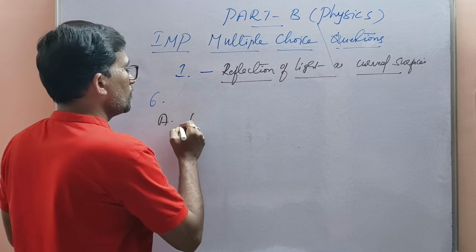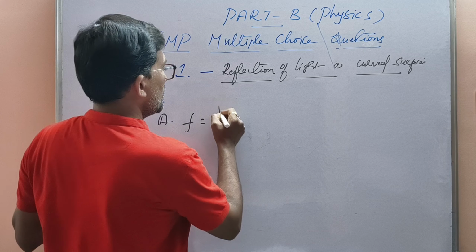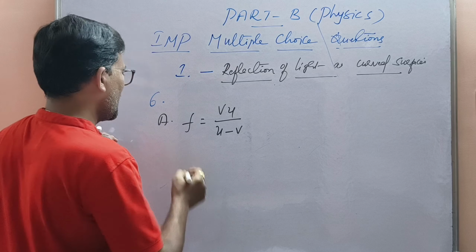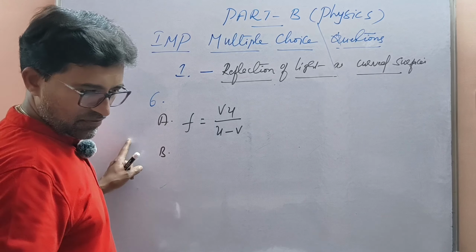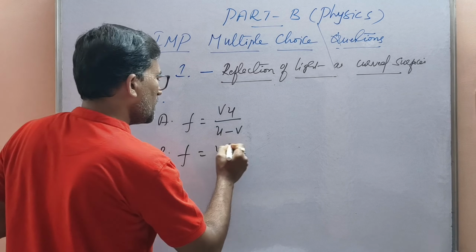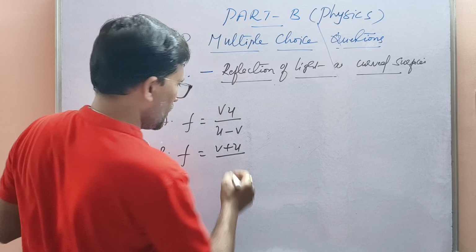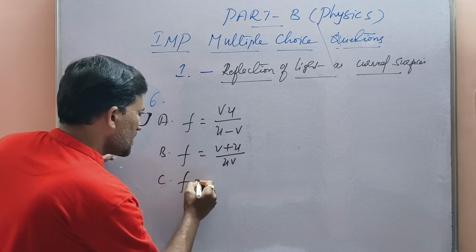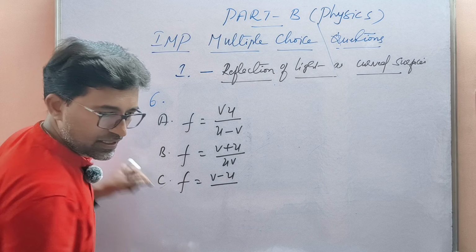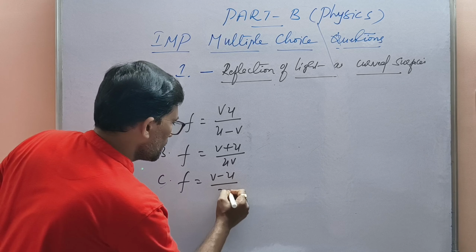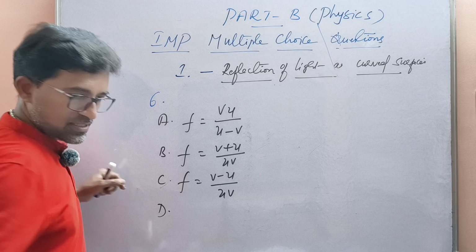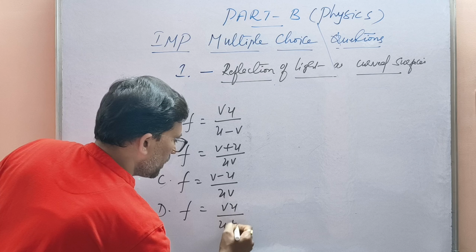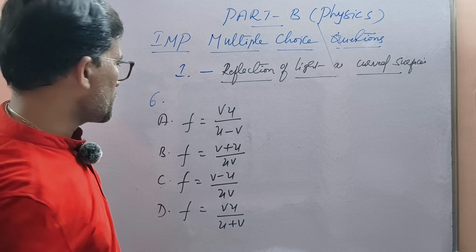Option A: F is equal to VU by U minus V. Option B: F is equal to V plus U by UV. Option C: F is equal to V minus U by UV. And option D: F is equal to VU by U plus V. So these are the options given.